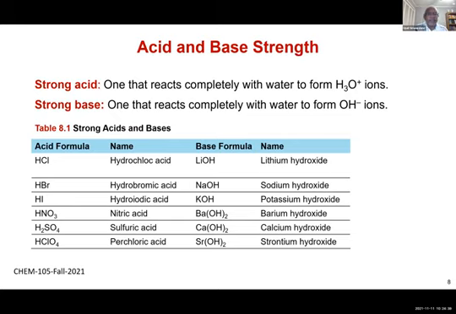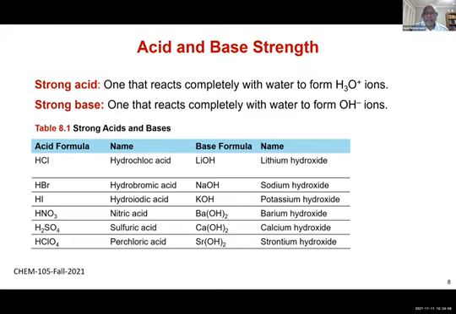There are 6 strong acids. Can you remember them? HCl, HBr, HI, HNO3, H2SO4, HClO4, perchloric acid.